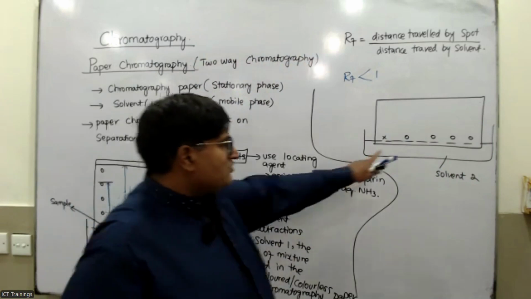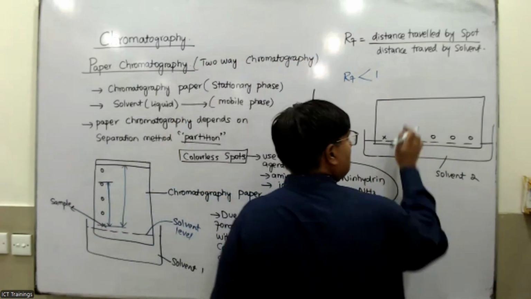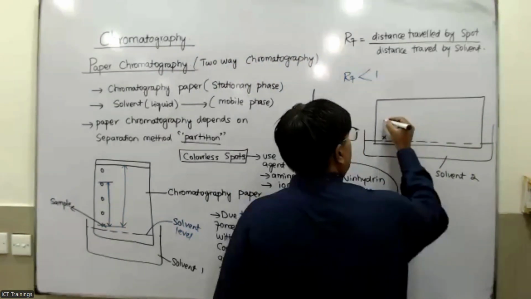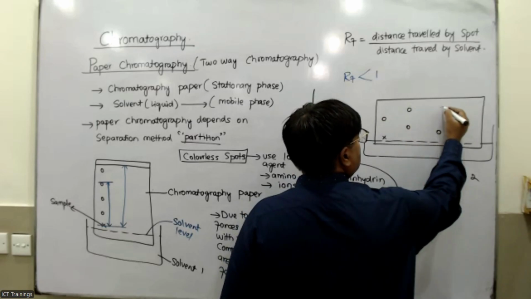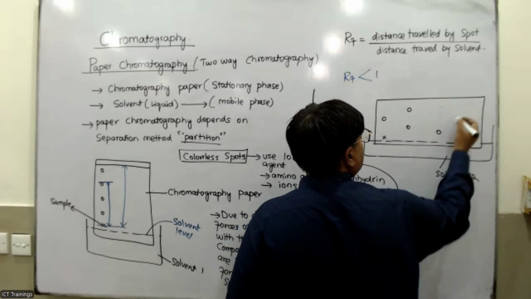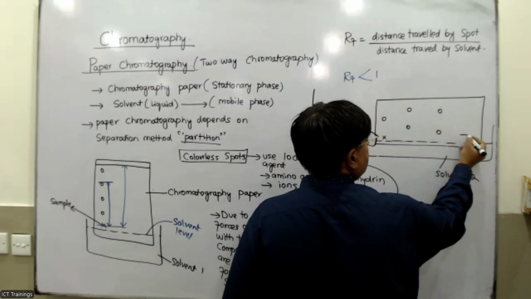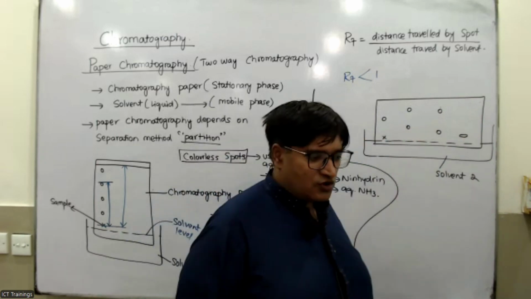Now you should put it into another solvent, and these things start to travel from there to here. Let's suppose the different spots are formed like that. So these are the different spots formed.